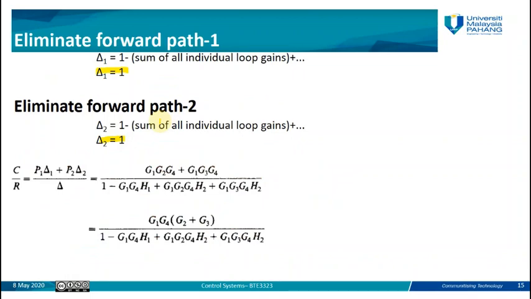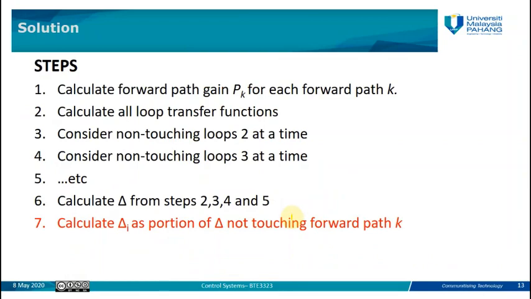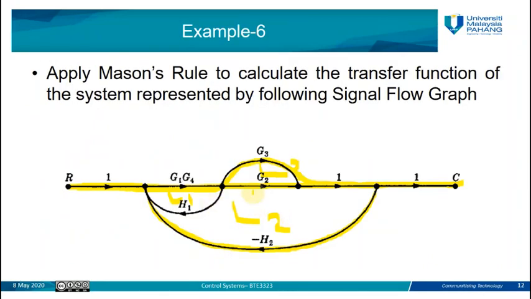So the overall transfer function of our system will be G1 G4 plus G2 G3 over 1 minus G1 G4 H1, G1 G2 G4 H2, G1 G3 G4 H2. This is the transfer function of the signal flow graph shown in this figure.